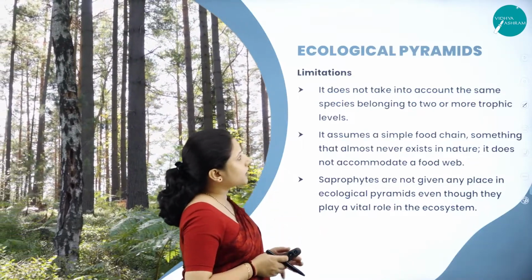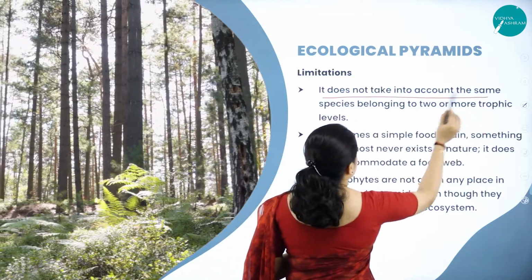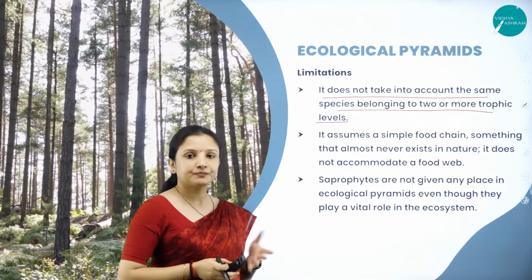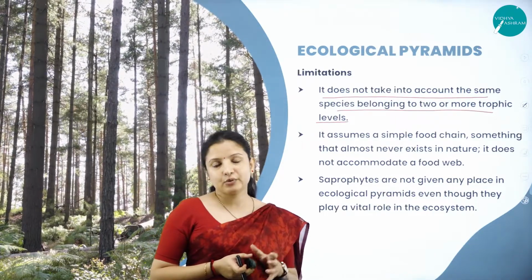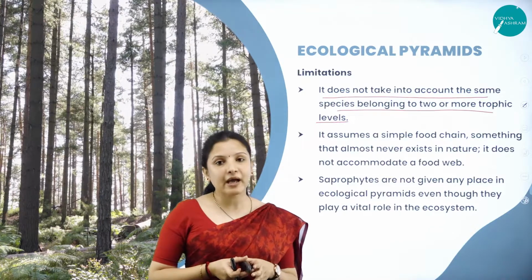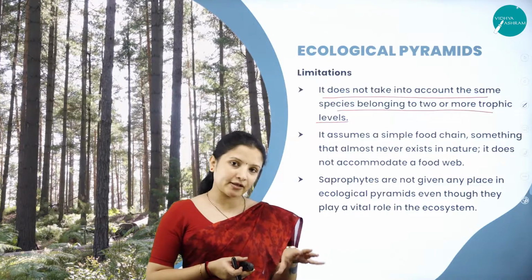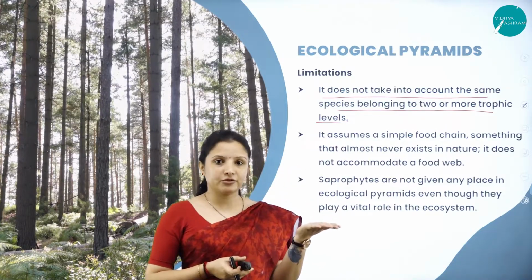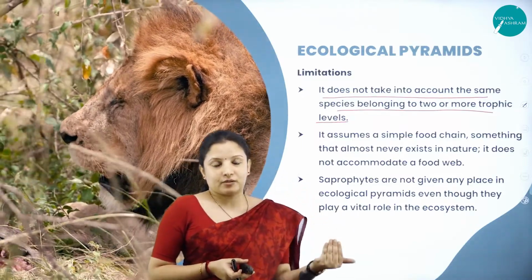Ecological pyramids do not take into account the same species belonging to two or more trophic levels. For example, we human beings are omnivores, right? We feed directly on the plants and we also feed directly on the animals. So there is a confusion. Where should we put man?